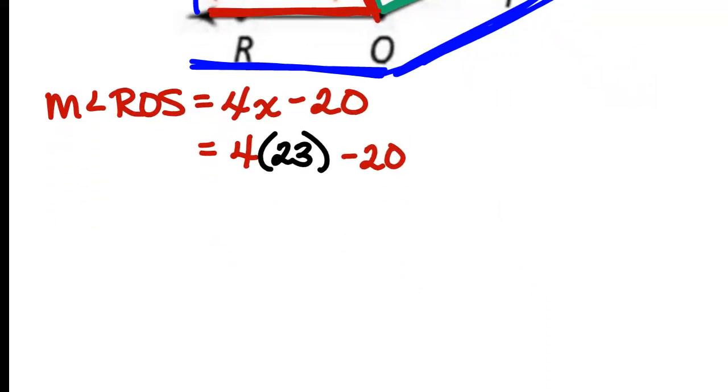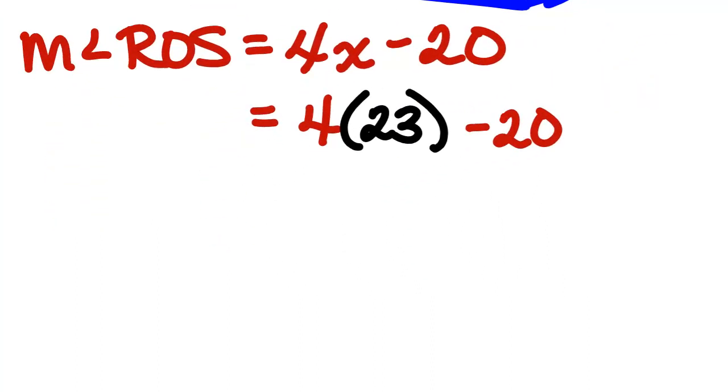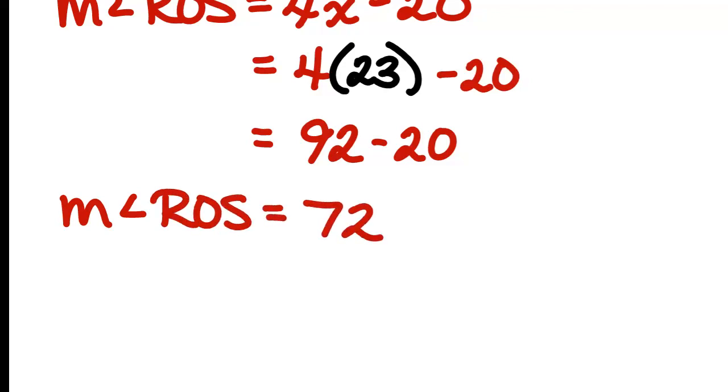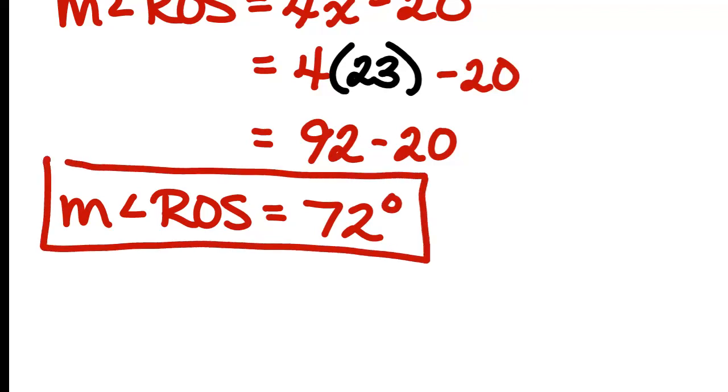What is 4 times 23? 92. 92 minus 20 would give me what? 72. And since this is an angle, I have the measurement of angle ROS. I'm going to put degrees on this one. I didn't put degrees on x because x is not an angle up here. ROS is an angle. All right, so there's ROS.